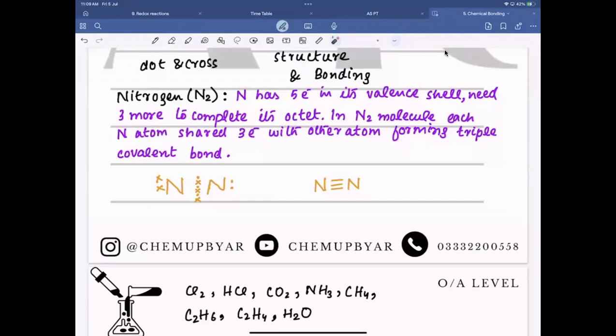Chlorine, HCl, carbon dioxide, ammonia, methane. Yeah, they are fine. Very good.